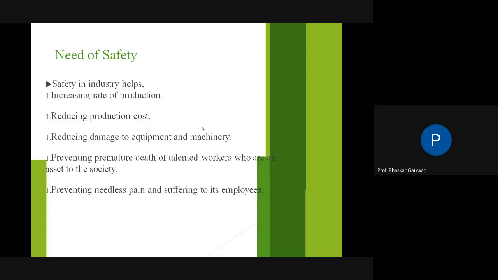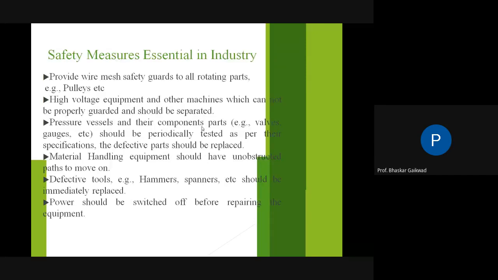If safety is there, production will increase, cost will be reduced, damage to equipment and machinery is reduced, premature death of talented workers who are an asset is prevented, and needless pain and suffering to employees is prevented. If you are not taking care, ultimately all these four or five points happen in industry related to the workers, and that worker will no more work in industry. So this is the need of safety. Safety measures are essential in industry.